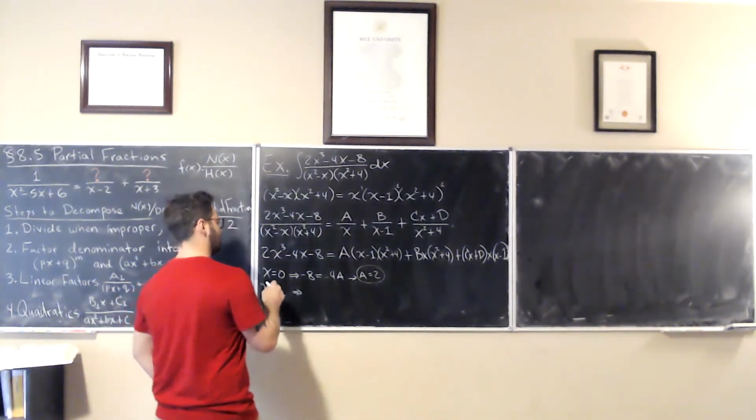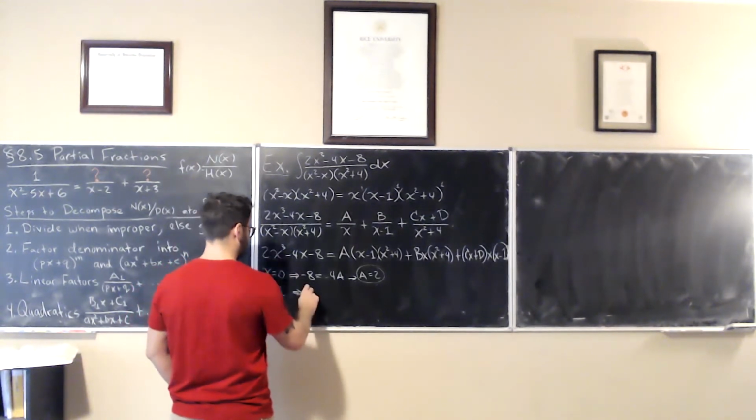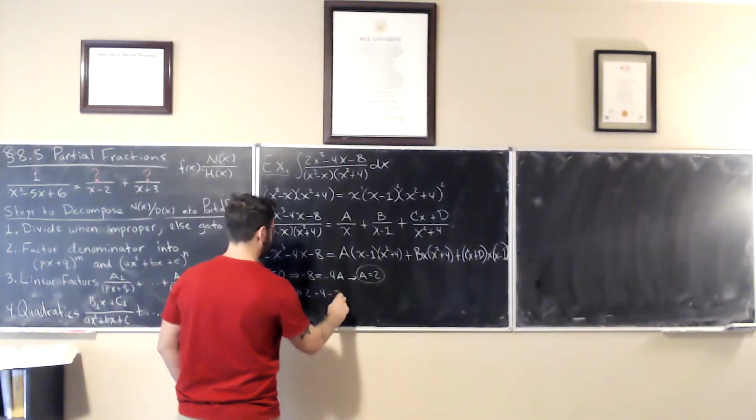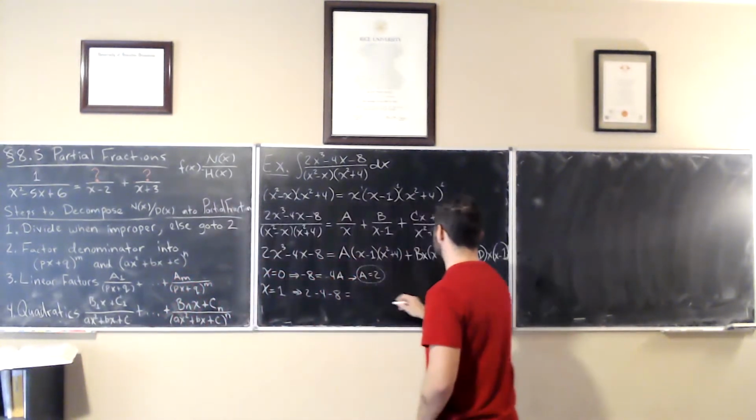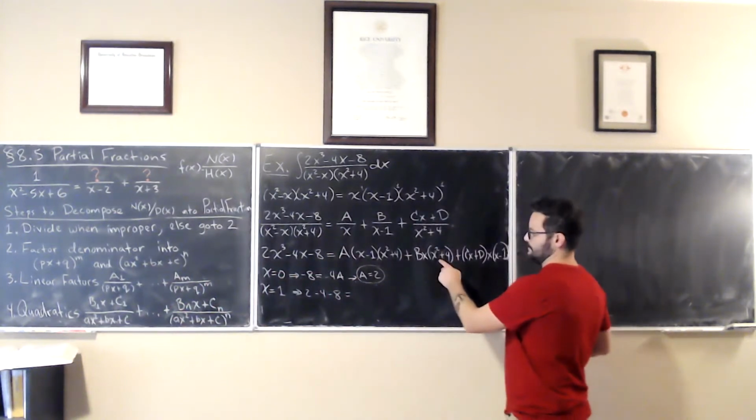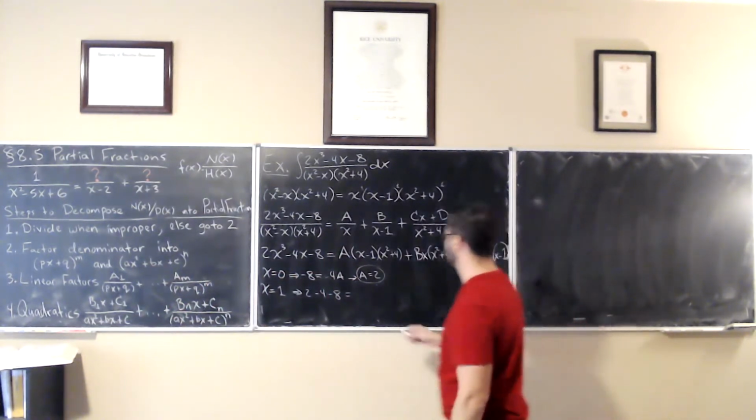So, yeah, 2 minus 4, so I'm just going to write it out to be safe. Minus 8. That's 0, we're left with this, and this is just 5b.